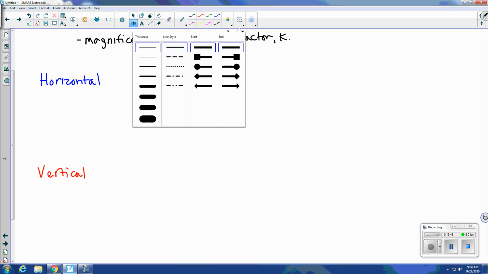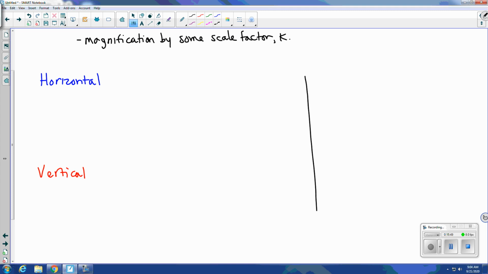So let's take a point. Actually, let's do 2, 3. So we're at the point 2, 3. And we want to do a horizontal stretch or a horizontal expansion. What that visually means is I want to pull this point away from the y-axis by some scale factor.